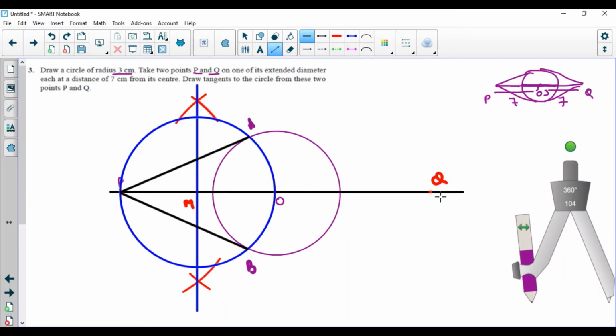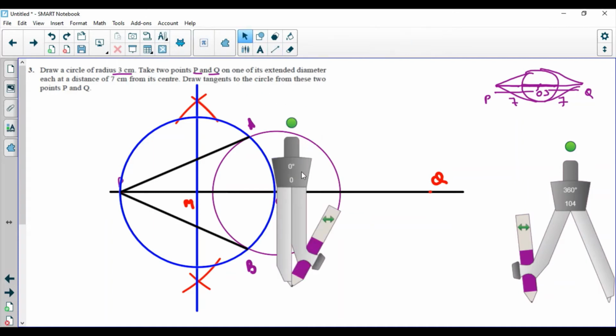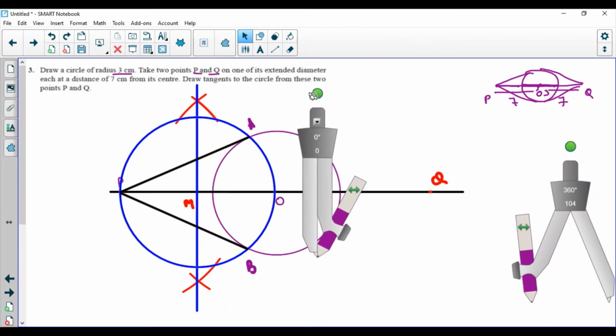Now from point Q also we have to draw the tangents. So now we will focus on point Q. So to draw the tangents from outside point Q, we need to join center with that point, and that is already joined. Okay, so next we'll move to the next step, that is draw perpendicular bisector of OQ.